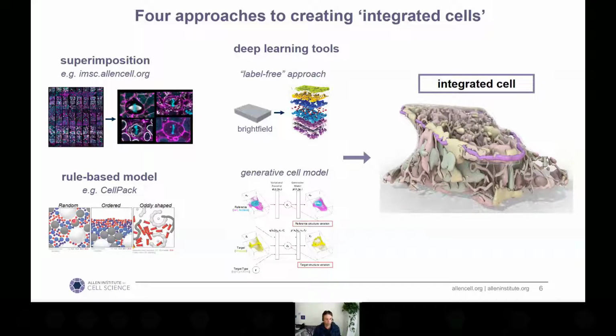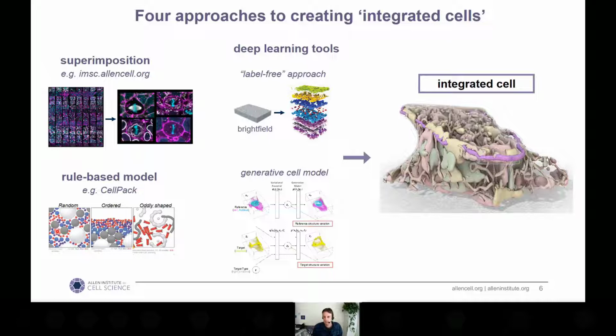We are also looking into rule-based approaches. From relationships between organelles that we can infer from our large data sets, can we now derive rules that we can sensibly use in order to pack organelles or subcellular structures inside of cells and create useful in silico models?